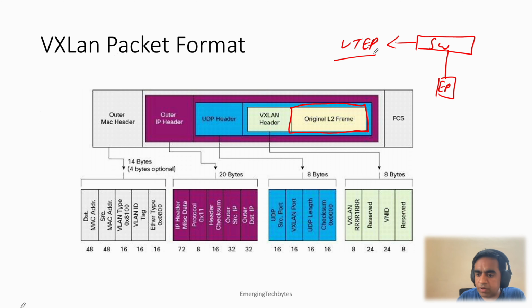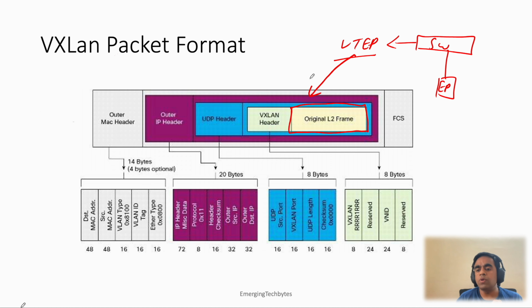This switch, we call it a VTEP. I will cover the definition of VTEP in an upcoming slide, but just think that this is a VTEP. What this VTEP will do is put this encapsulation, that purple one that you see, around the packet that comes in. I will gift wrap it into this VXLAN IP packet.